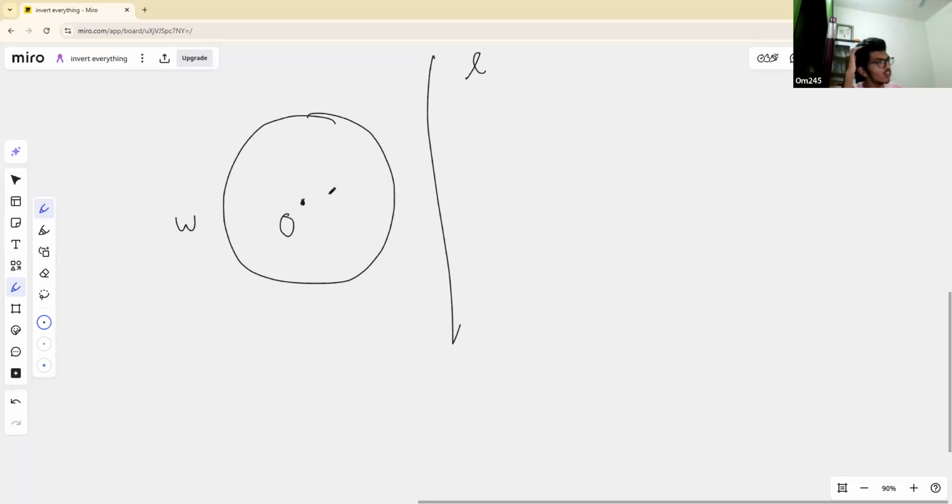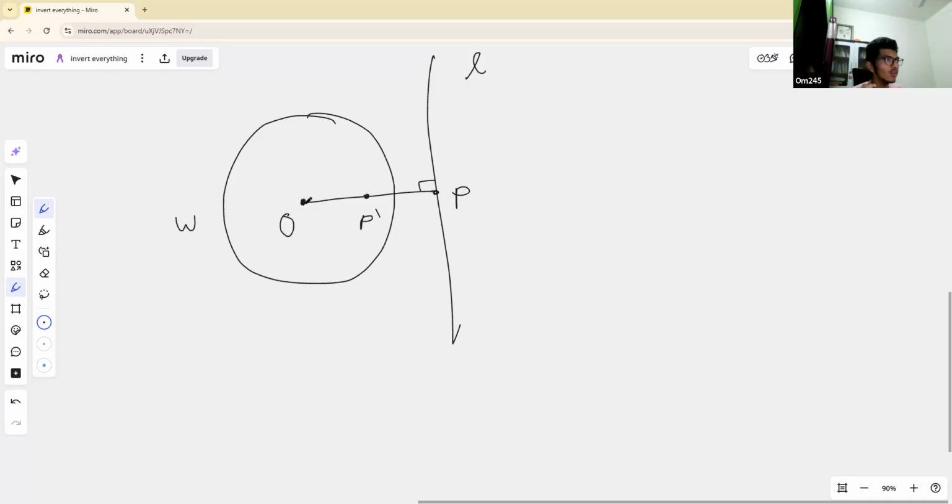One of the intuitions you will get is: let's draw a perpendicular from O and call this point P. This is a kind of unique point because we're dropping a perpendicular from O. Suppose the image of P is some P dash.